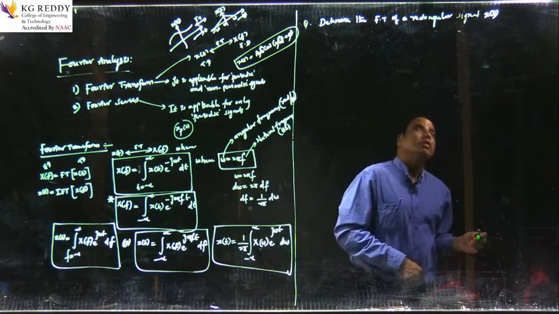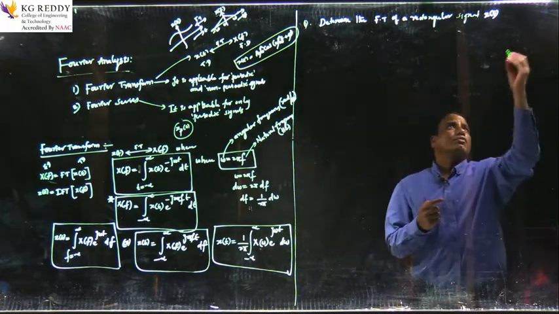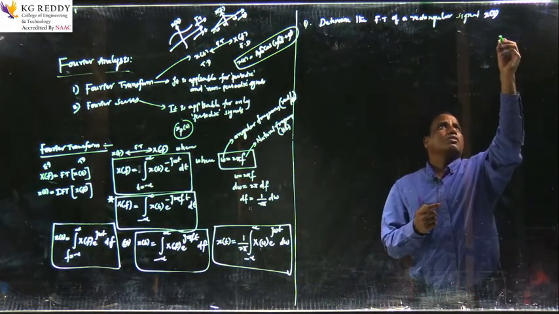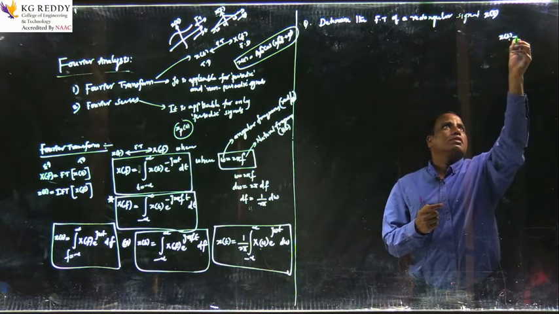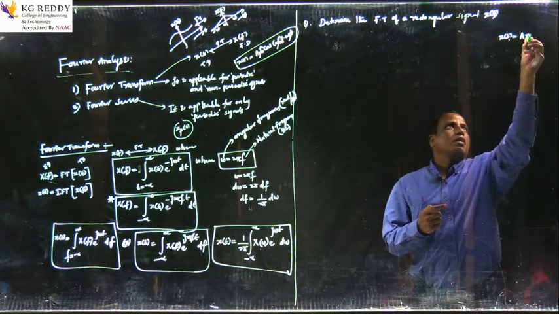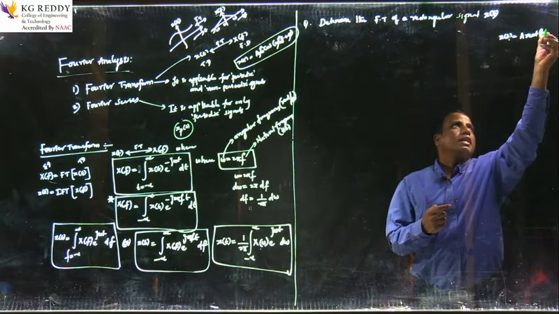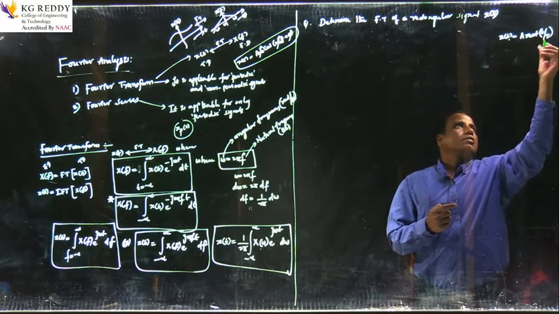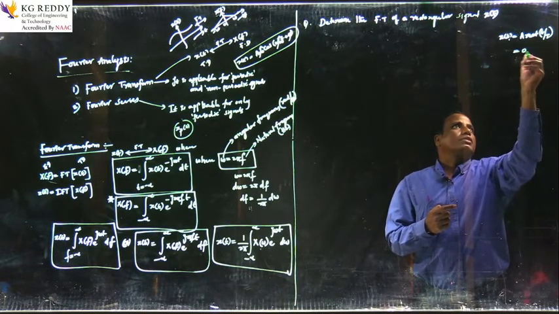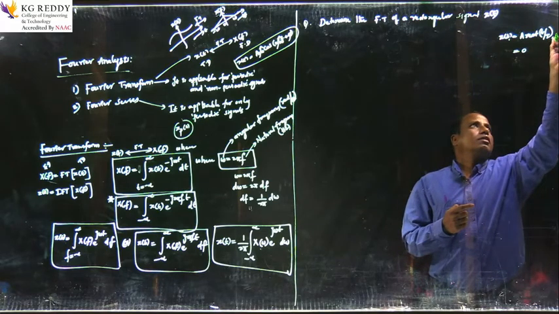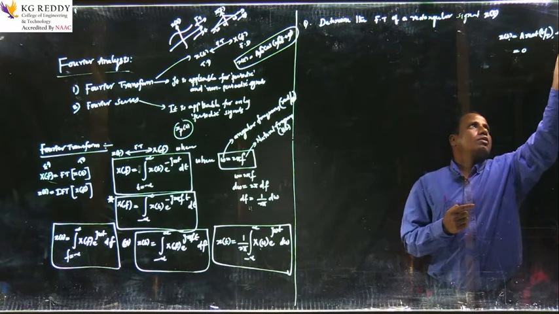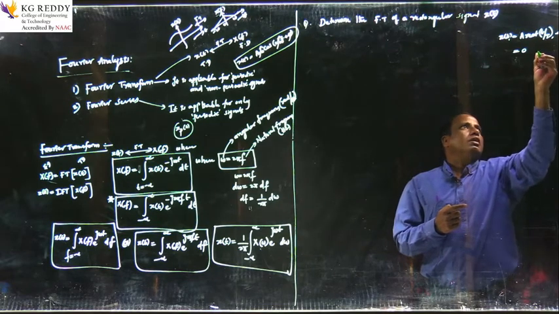Before determining this Fourier transform, we know the rectangular signal x of t is a rect of t by T. This is 0 otherwise. This is a when minus T by 2 is less than or equal to t less than or equal to T by 2, and this is 0 otherwise.